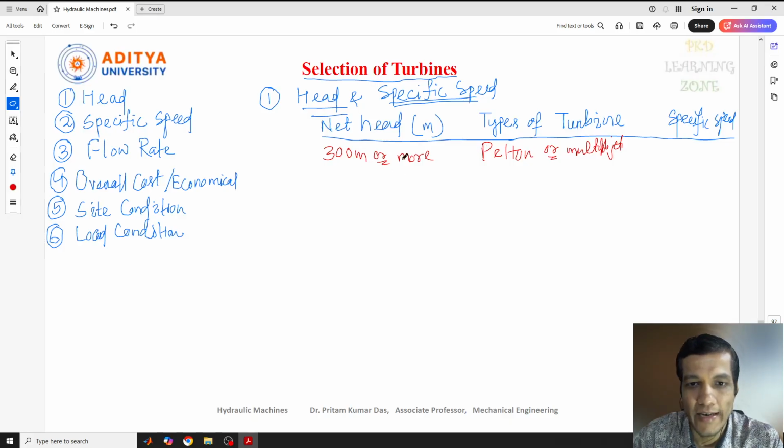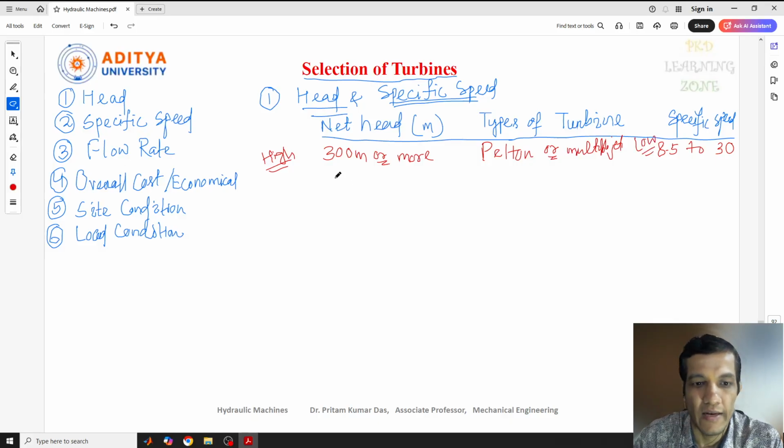Now, in this net head, what is the role of specific speed? The specific speed will be very low, varying from 8.5 to 30. Here it is called high head, and this is called low specific speed.